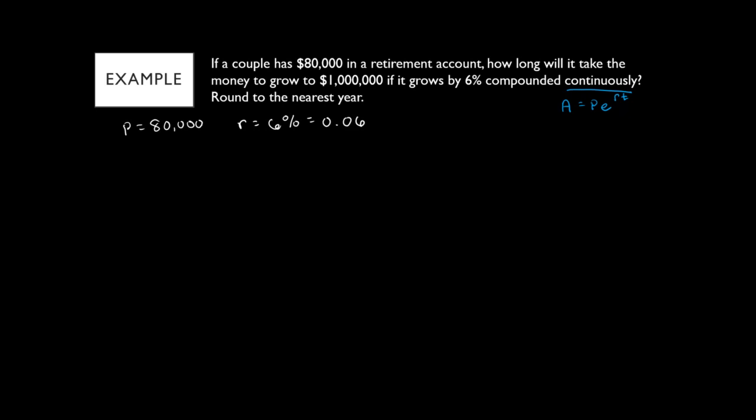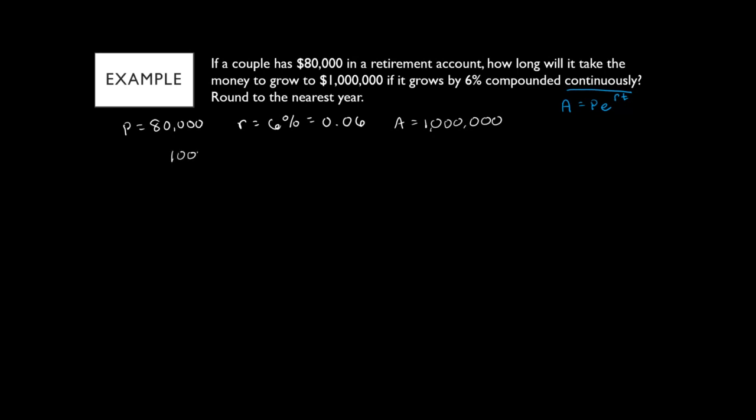And then we are looking for t because we want to know how long it will take to get to 1 million. So we're looking for when the amount is going to equal 1 million. So you identify all of your variables and your values, and then you plug them into your formula.